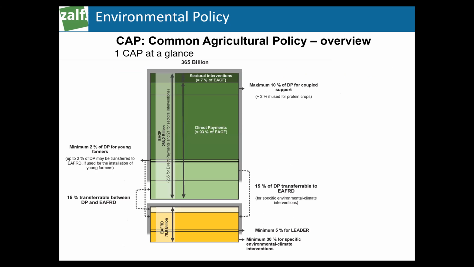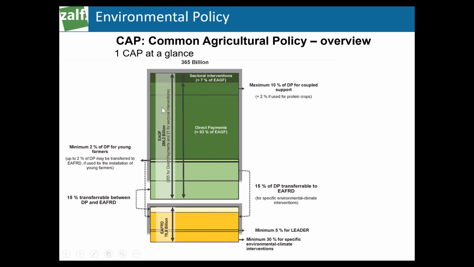This is important. You see here a very new version of what's ongoing. I will just simplify it also here. You have the direct payments coming from the EAGF, from a certain fund. We come to this, and you have the leader program here, but this amount here is the rural development.